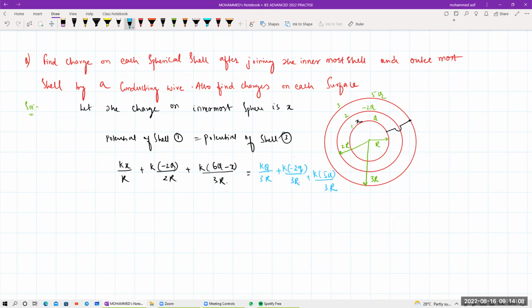Now simplify these conditions and see what the answer is. What all can get cancelled? k by r, k by r, k by r, and here also k by r.